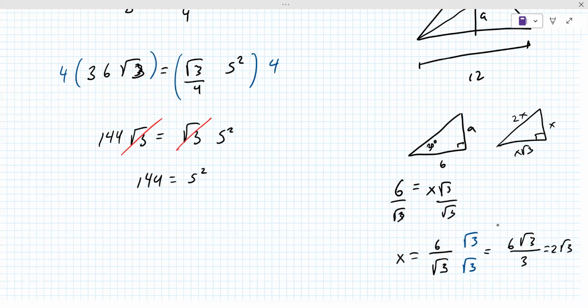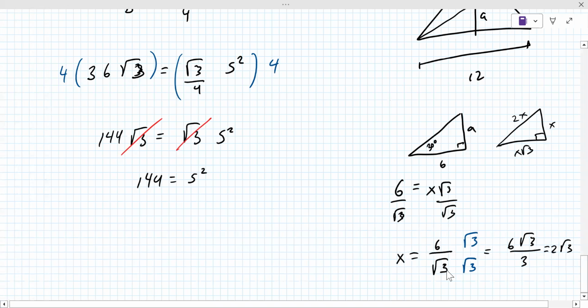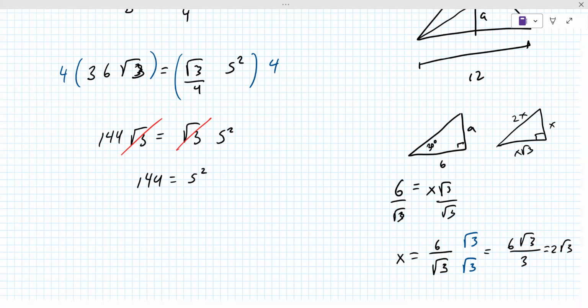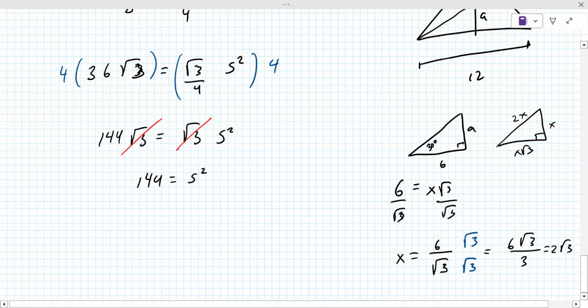Yes. And believe it or not, there's actually rationalizing the denominator and the numerator. You would never do this, but there are books out there that show this, which just adds to the chaos of all this.